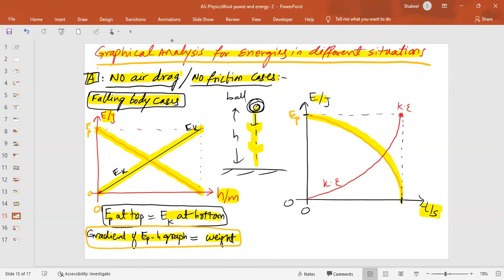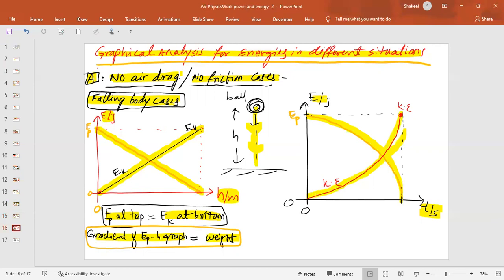That's why the GPE graph would be an increasing gradient graph. For the kinetic energy, it's the same thing. It would be a positive increasing gradient graph because as time passes, speed keeps on increasing, so kinetic energy will increase more.